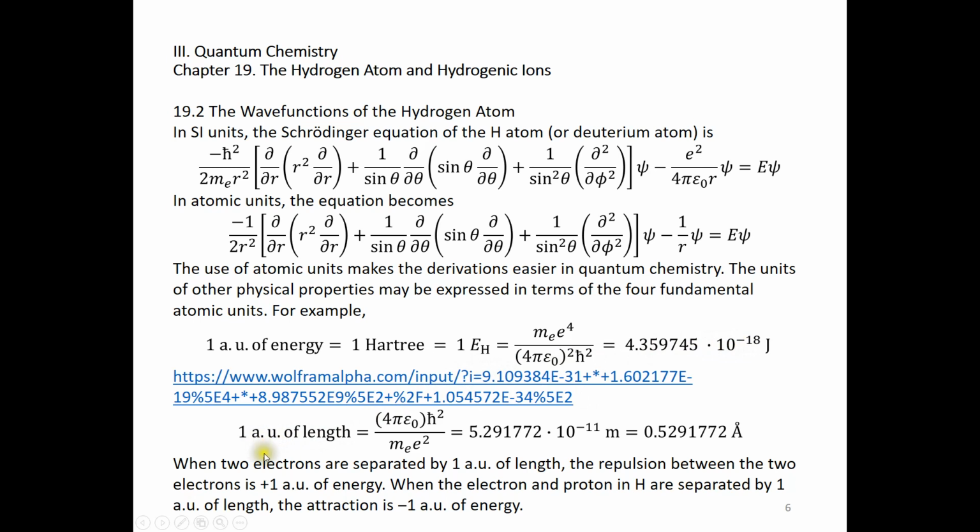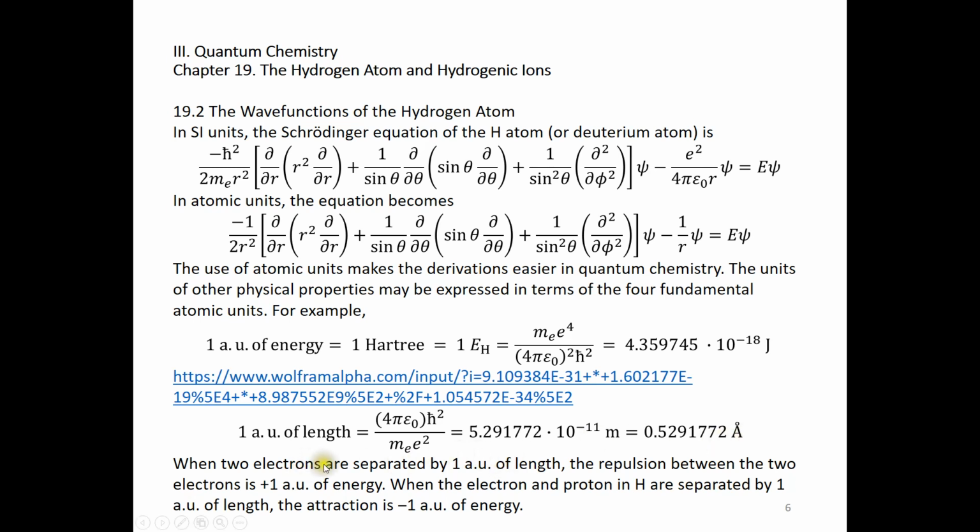We can also have the atomic unit of length, which is 4 pi epsilon times h bar squared divided by me times e squared on the bottom, and it's roughly 5.29 times 10 to the power of negative 11 meters, or 0.529 angstroms. 1 angstrom is 10 to the power of negative 10 meters.